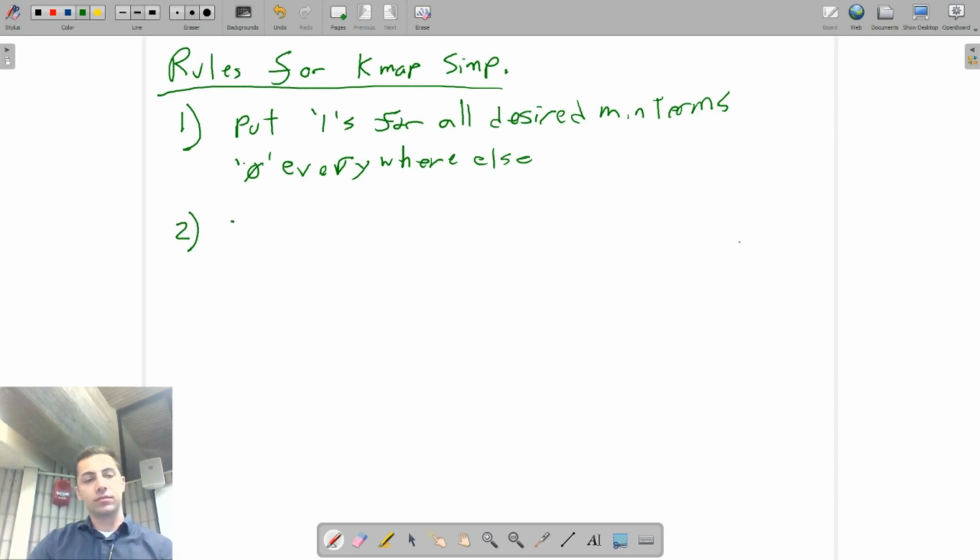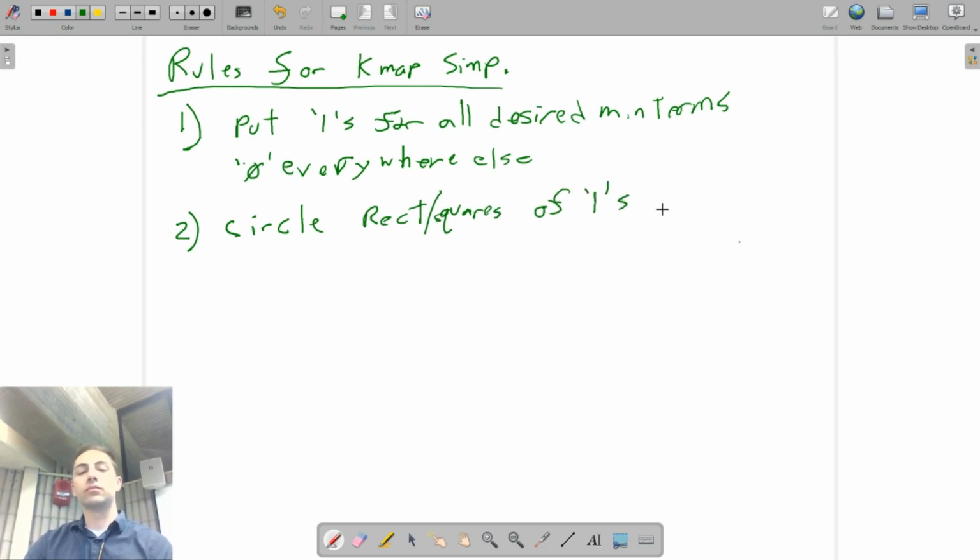Step 2: circle rectangles or squares of ones until no 1 cells remain uncircled.